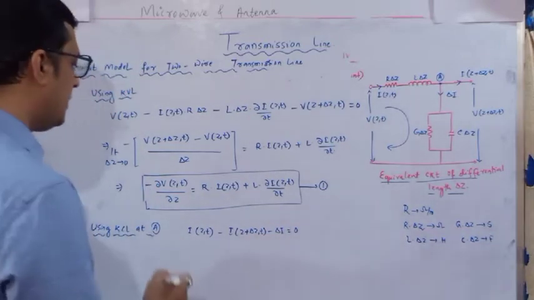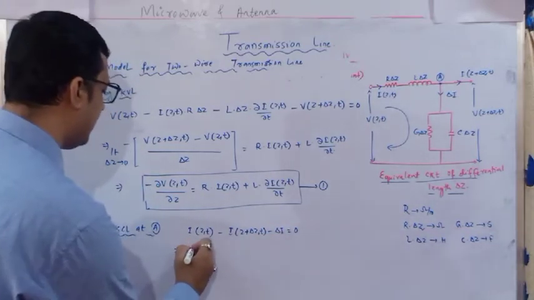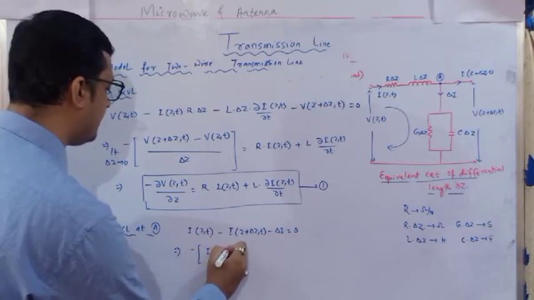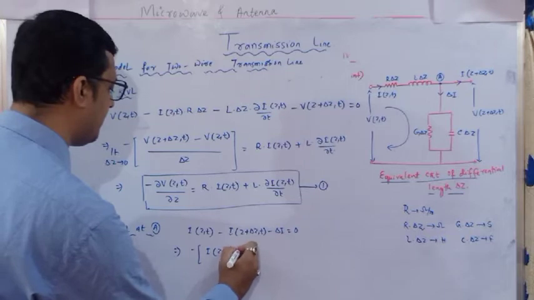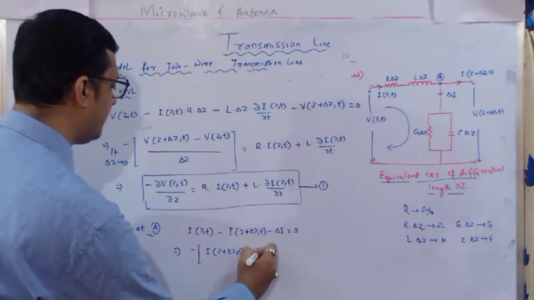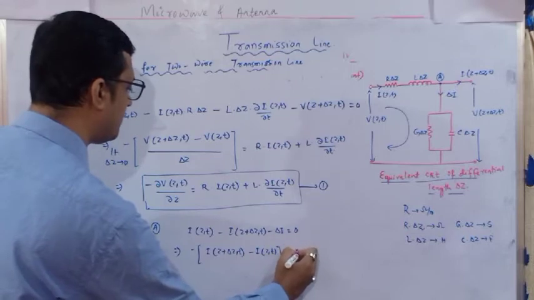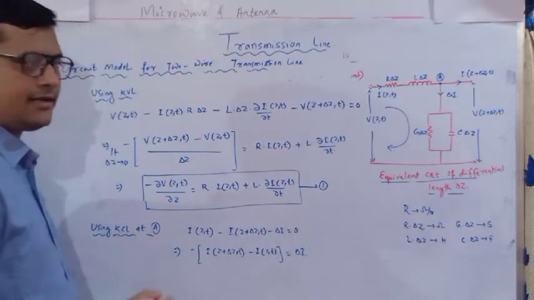Done. Now I will rearrange this. I will write I of z plus del z comma t minus I of z comma t equals del I. Like this I can write.